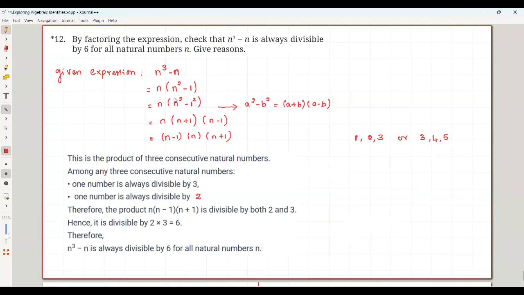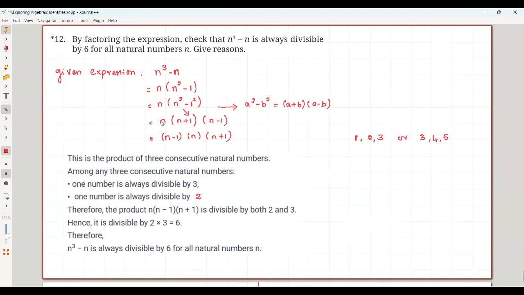For this part alone I am using the a square minus b square format. We can use the a square minus b square formula. What is that? a plus b, a minus b. Yes, sir. Next, rearrange.